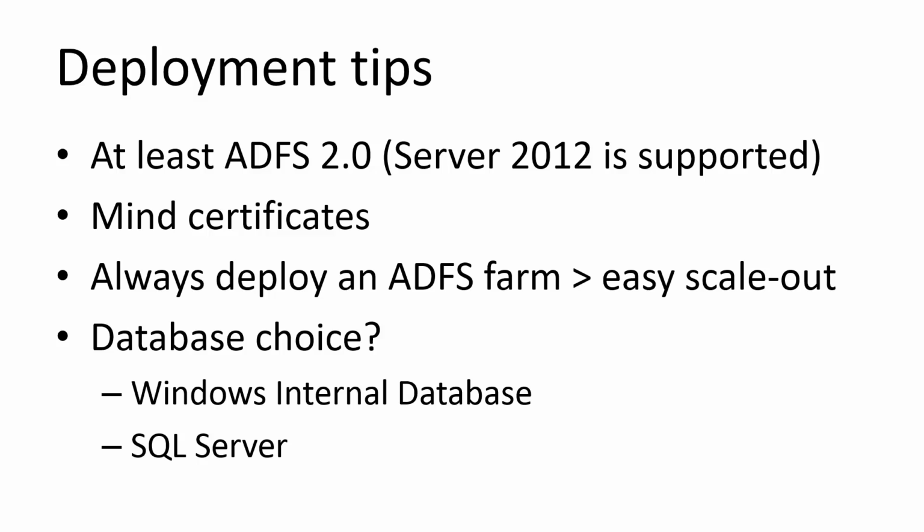If it goes down, it's not a big deal, because your ADFS farm will continue working as it was before, but you cannot make any configuration changes while it is down. So there is a clear difference between the SQL Server part and the Windows internal database, but I usually use the Windows internal database because of the ease of use, the ease of deployment, and the relatively limited downsides there are to it.